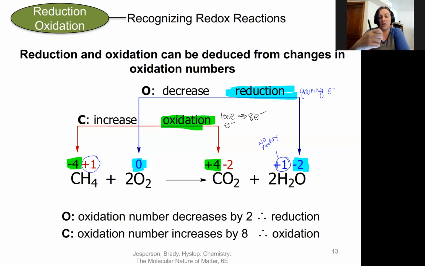And my oxygen atom is going to gain only 2 electrons. And so the number of electrons that are lost by the carbon isn't the exact same number as the oxygen. And so to balance out this equation, we would have to look a little bit deeper, because not only do we balance the atoms on a chemical reaction equation, we also need to make sure the charge is balanced.